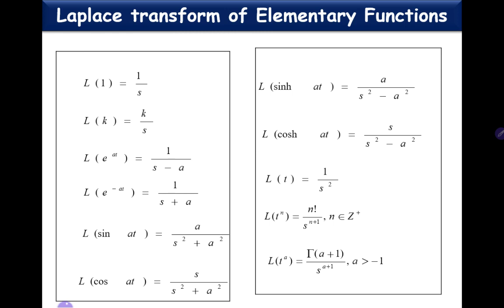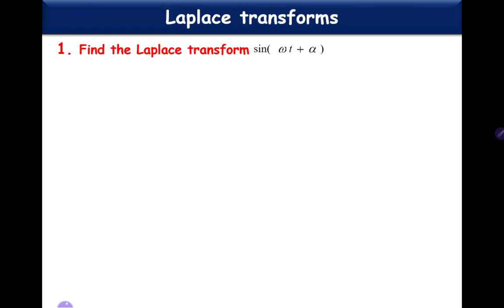Okay. Now, let us find the Laplace transform of sine of omega t plus alpha, where omega and alpha are constants. To find it, we should know the formula for sine of a plus b.